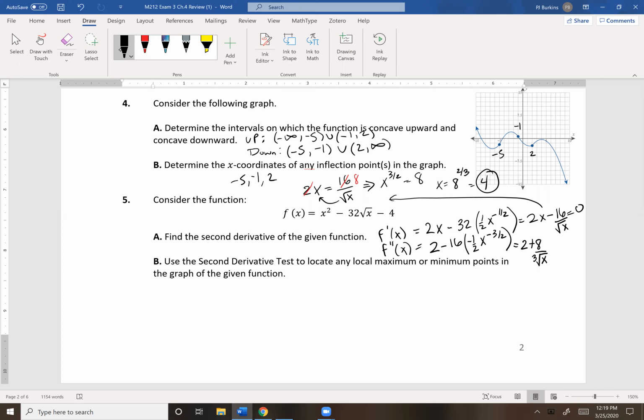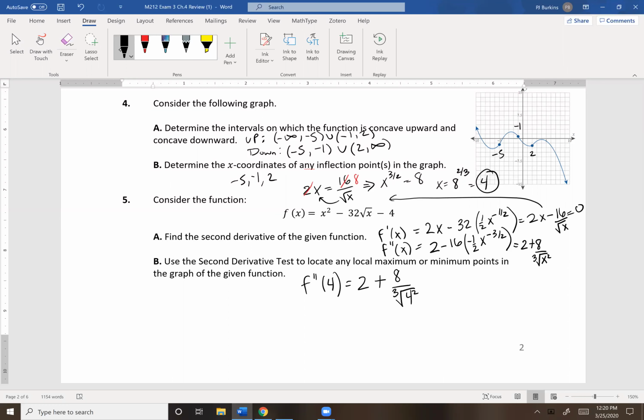We then plug it in to f double prime. I forgot to make this a square. There we go. And plug it in down there. So I don't really care what this number comes out to be because I don't know what the cubed root of 16 is necessarily.